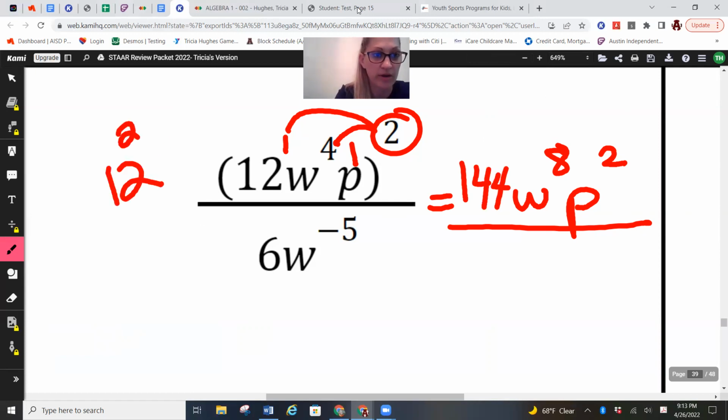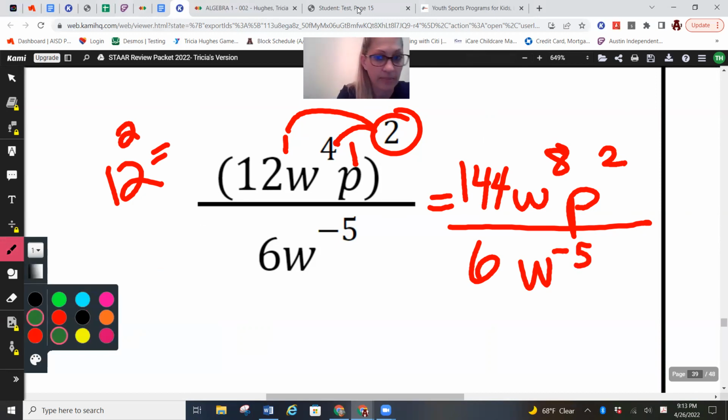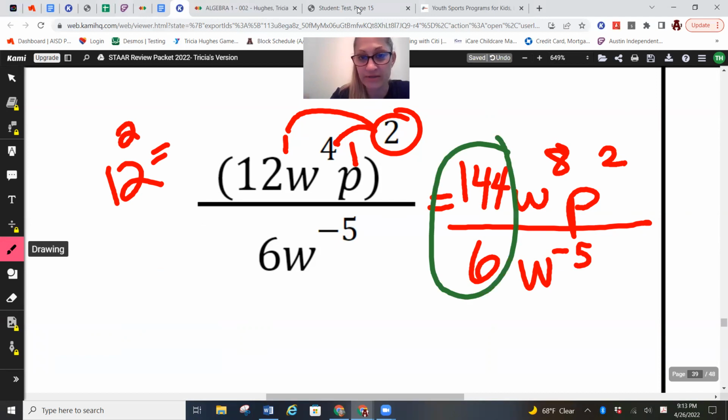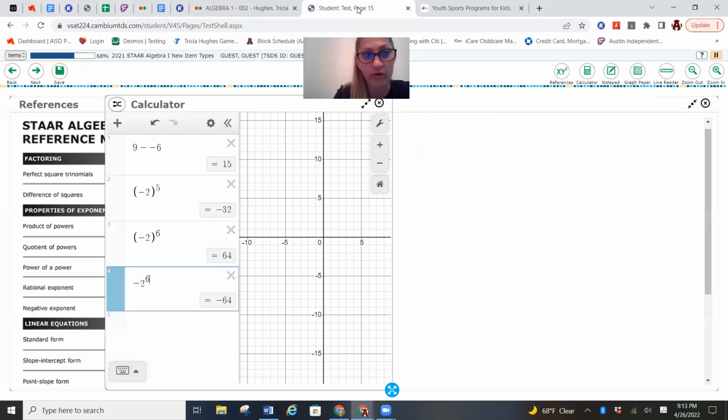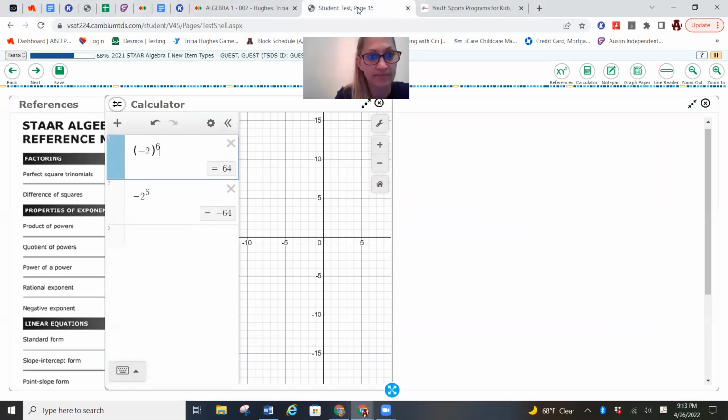12 squared is 144. I'm going to divide that by 6, w to the -5th. When we divide, we have to divide big numbers. 144 divided by 6. The answer is 24.